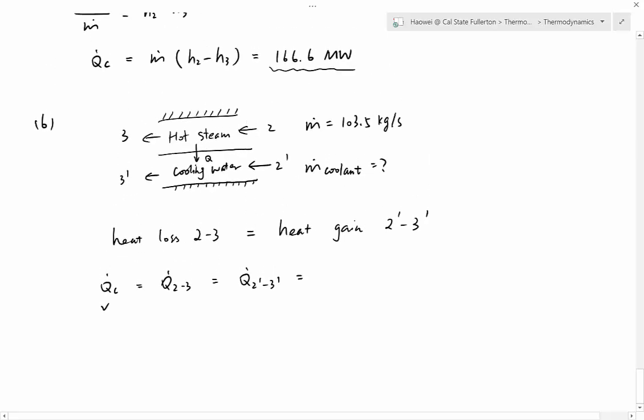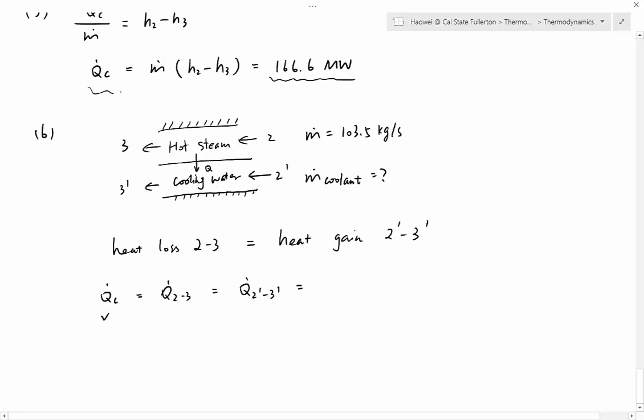How do we rewrite Q dot? We can refer to this format. It's equal to mass flow rate multiplied by the difference of the two enthalpies. The mass flow rate between 2 prime and 3 prime is m dot coolant, multiplied by the difference of the two enthalpies. We should use the bigger one minus the smaller one. So is H2 prime bigger or is H3 prime bigger? Cooling water gains heat, so in the end it must have more energy than in the beginning.